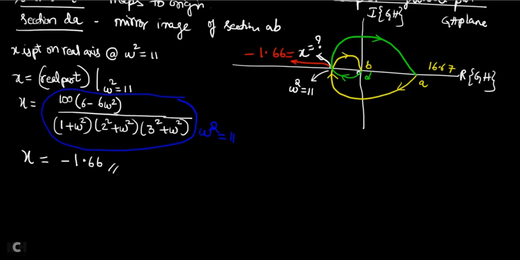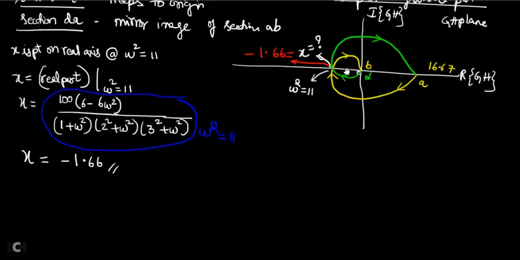If this point is minus 1.66, then where is minus 1 present? Minus 1 will be present here or here? Definitely here only, no? Because if this is minus 1.66, then minus 1 will be on the right hand side of it.